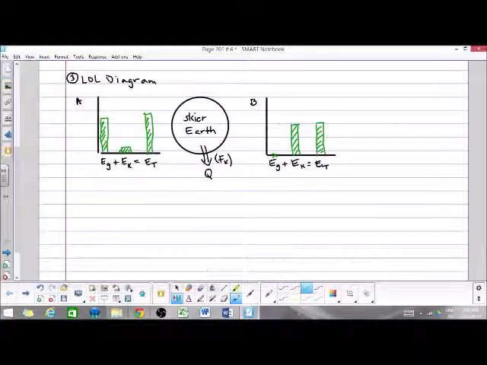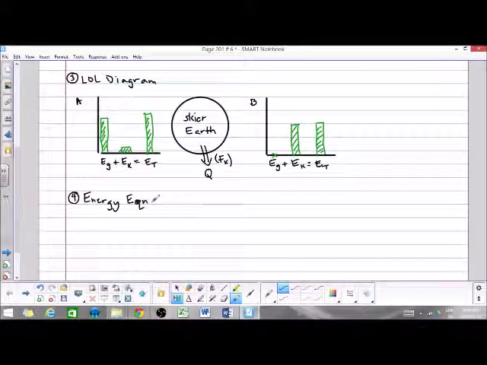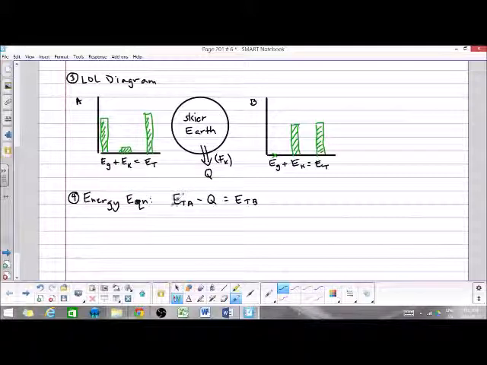Now with a logical LOL diagram, we can go straight to our energy equation. Where our total energy at A is reduced by the thermal energy to determine the total mechanical energy at B. Now at A we have both EG and EK.